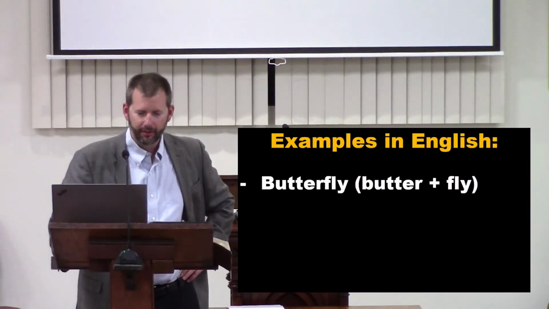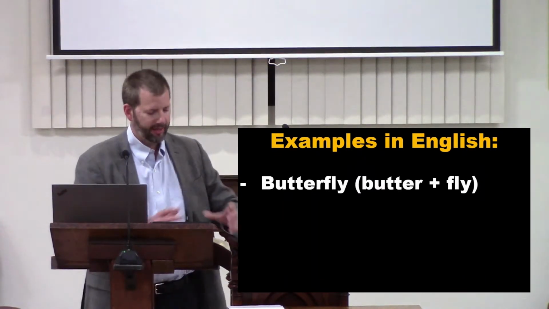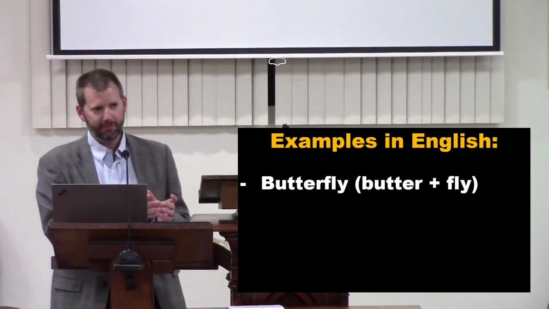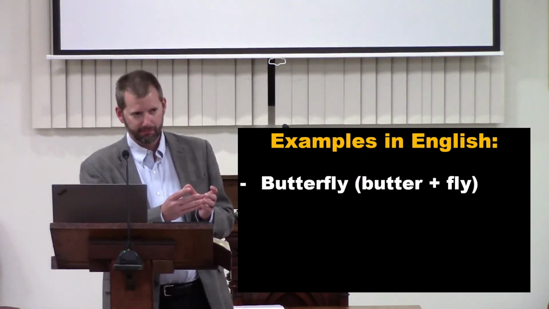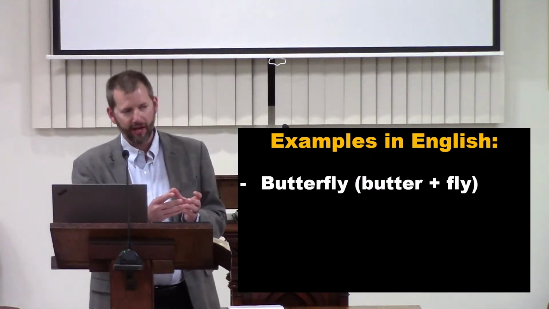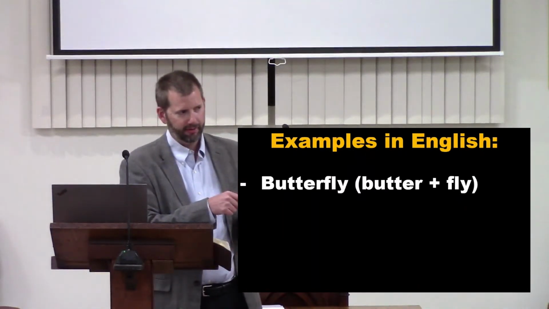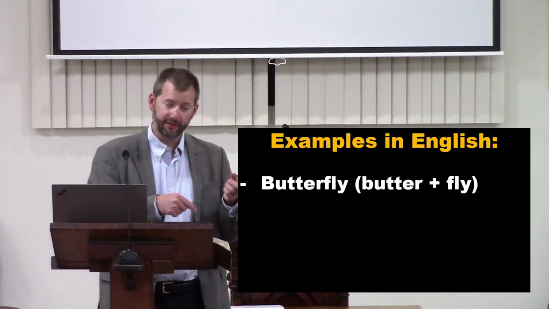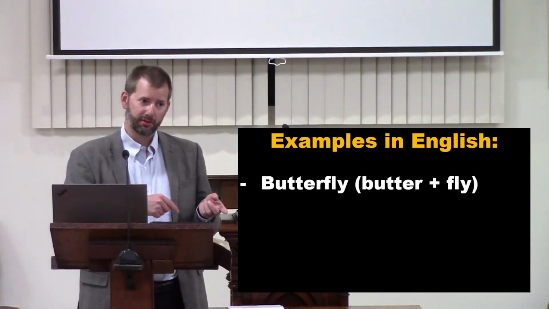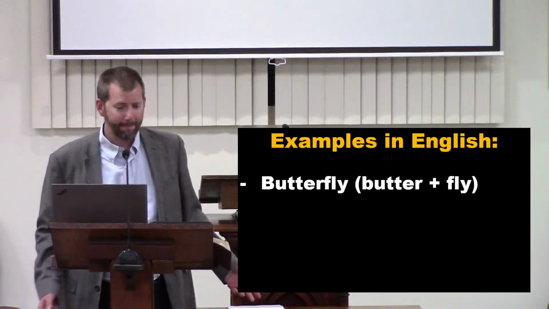Butterfly. Butter, a substance made out of the fat from cow's milk, plus fly. So is the butter flying? Is it a fly that likes butter? Is it a fly made of butter? None of those are true.